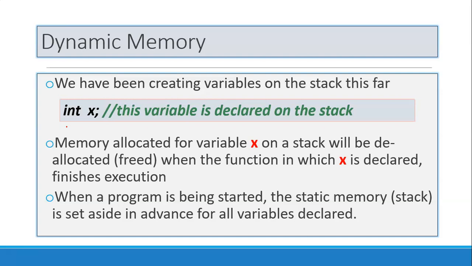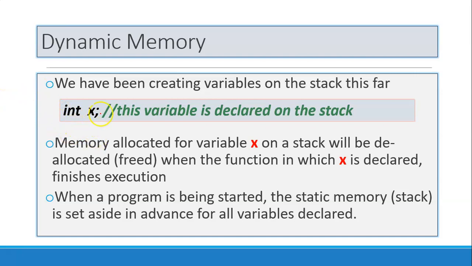Whether we declare a variable or we declare a pointer, both were stored on the stack memory. But here we have a different concept altogether. We want now to look at a variable that has been declared and stored on the heap memory. Okay, so we've been creating variables on stacks thus far.